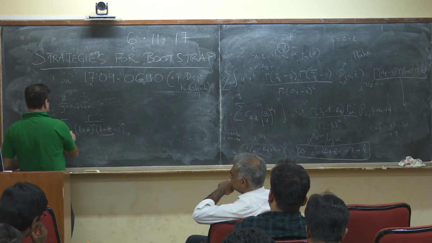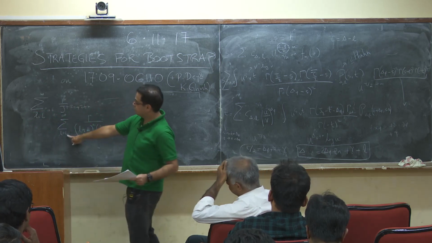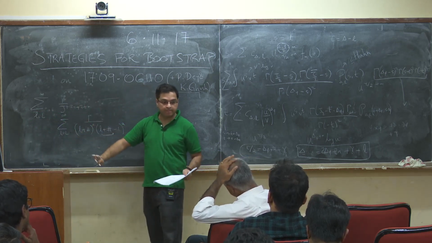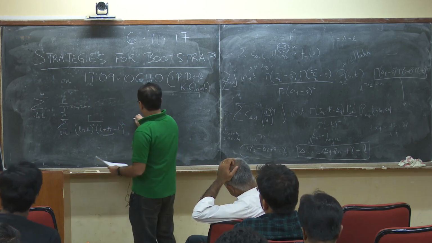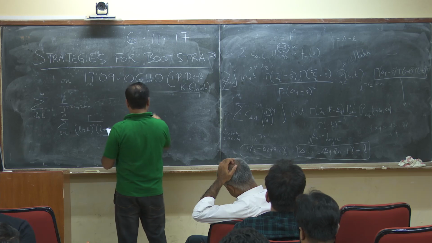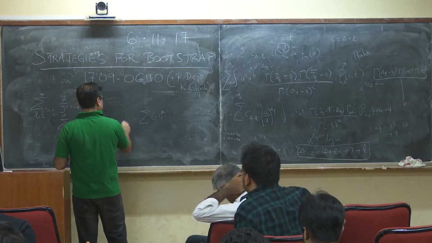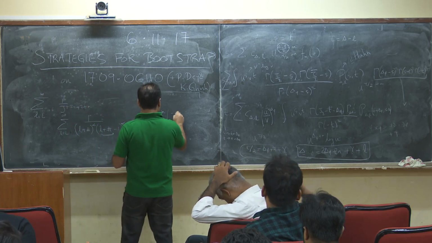So the summation is from capital L to infinity. It will turn out that this lower cutoff that you're putting in is not going to play any role in the analysis. And then, after using the binomial theorem, let's call this alpha, you're going to get this.